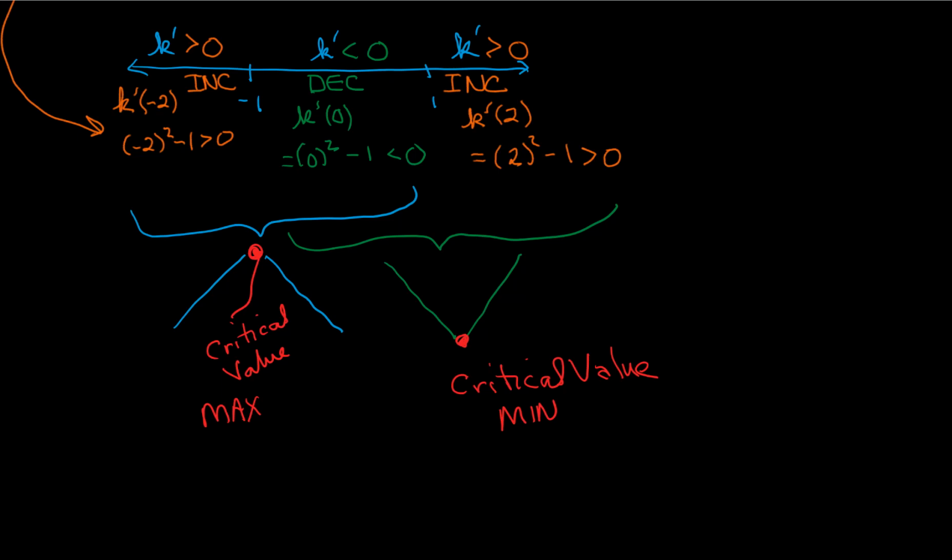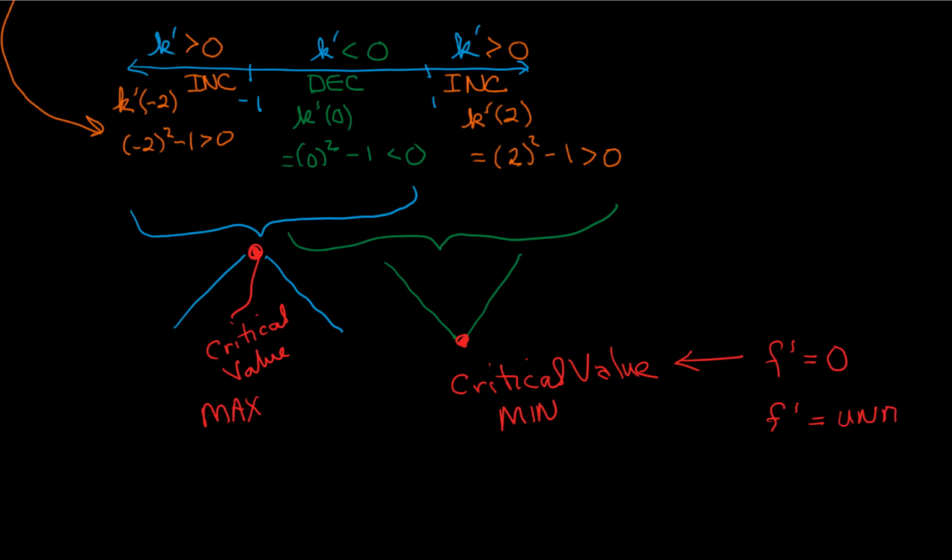Critical values are locations where you change directions from increasing to decreasing or decreasing to increasing. We'll see other situations as things progress, but critical values occur where the derivative is 0. There's a second location where these can happen, and that's where the derivative is undefined.